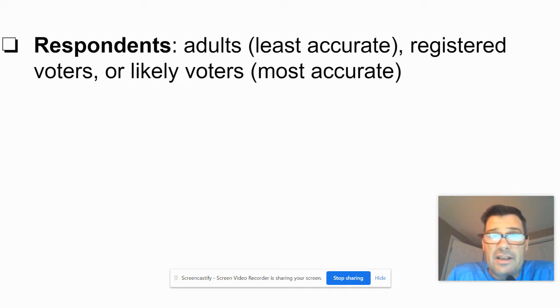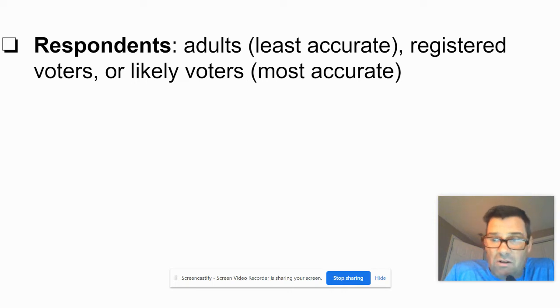Well, if you ask just any adult, anybody in the country, it's probably the least accurate poll in terms of predicting election results, because about 40% of adults don't even vote, sometimes up to 50%.